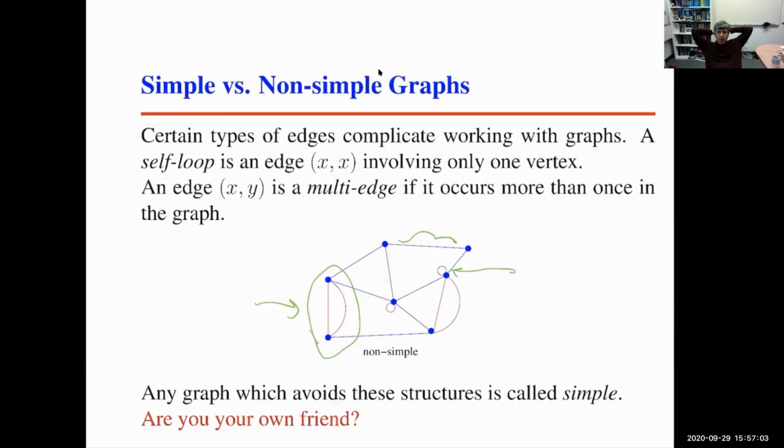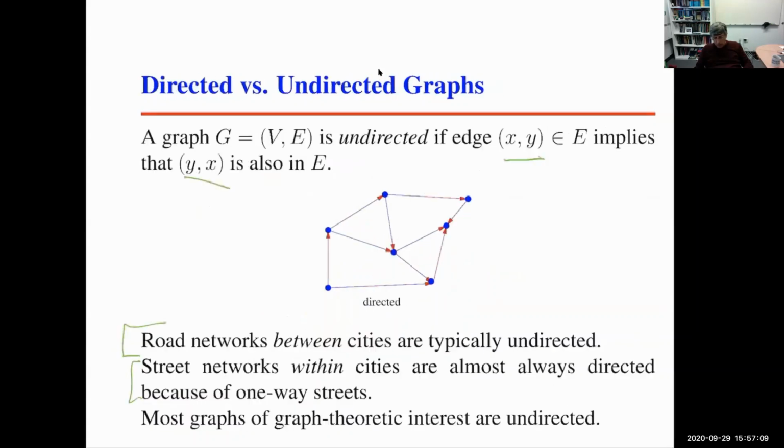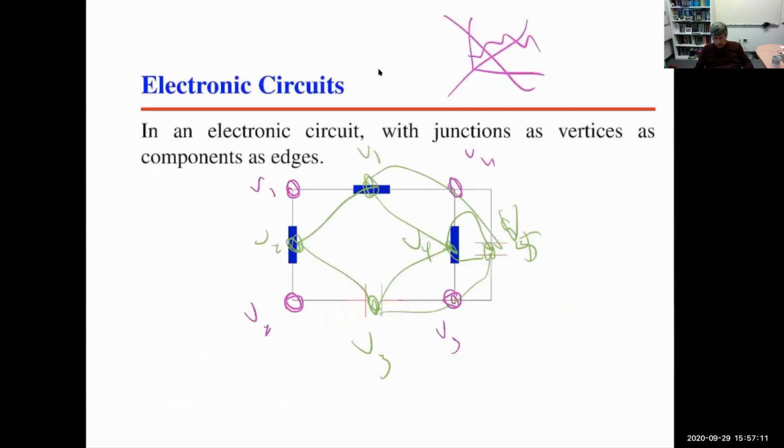Notice in one of my earlier examples, it actually did make sense to have multiple edges between things. Remember back to my circuit example? If the red things were vertices, then notice that both this resistor and this capacitor are edges from 3 to 4.